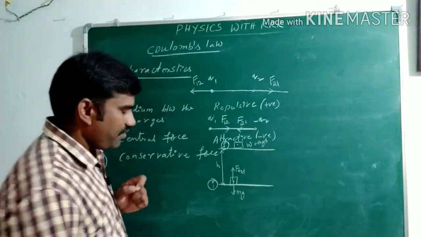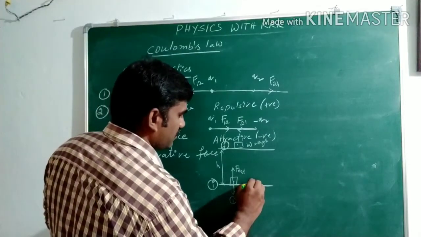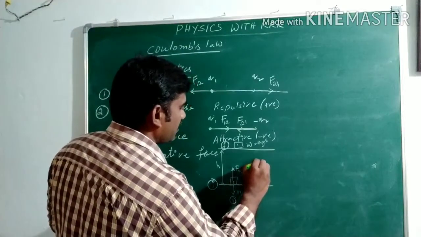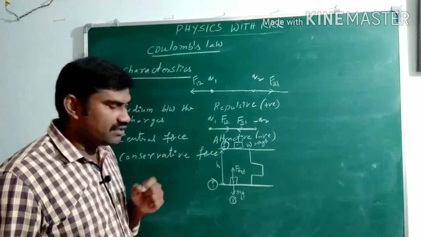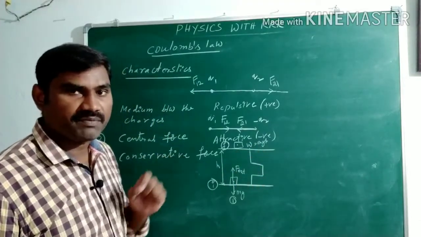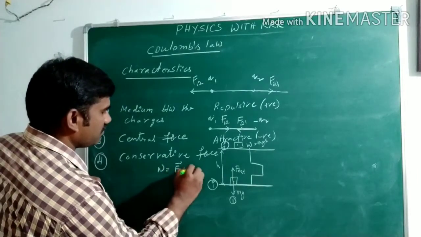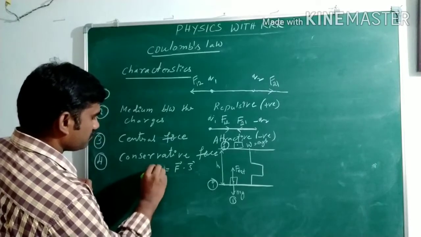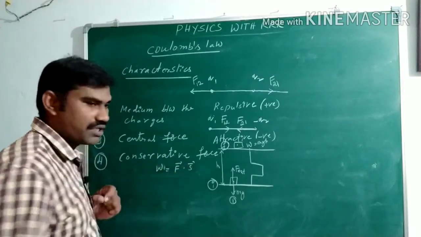Now this is the first case. In the second case, the block moves in this direction and reaches like this. While talking about force and displacement, we have W equal to F bar dot S bar. So what is the angle between F bar and S bar?